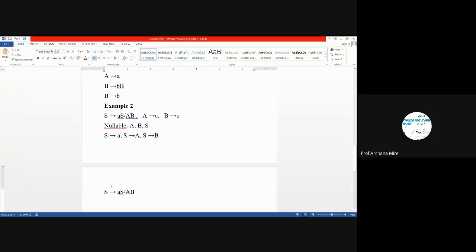Let's insert all the production rules of S. Newly inserted production rule was S leading to A. Let's insert it here.